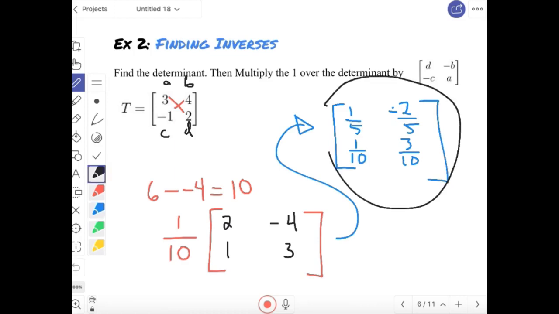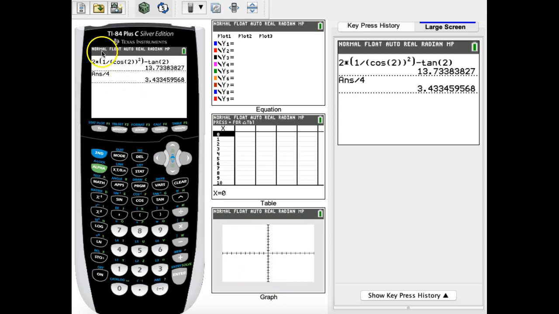So you can always check it, and I would check it with a calculator, but I can multiply that 1/5, negative 2/5, 1/10, and 3/10, multiply that matrix by the original T matrix, and we would get the identity matrix. So that's actually how we would do that. Maybe I will do that real quick.